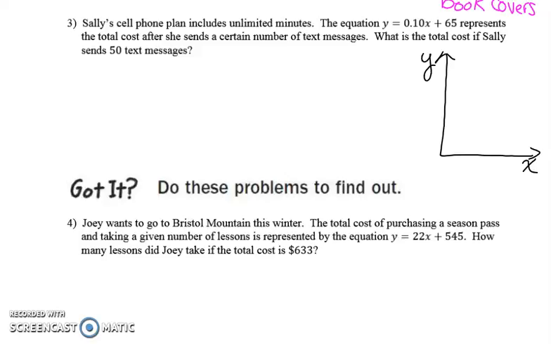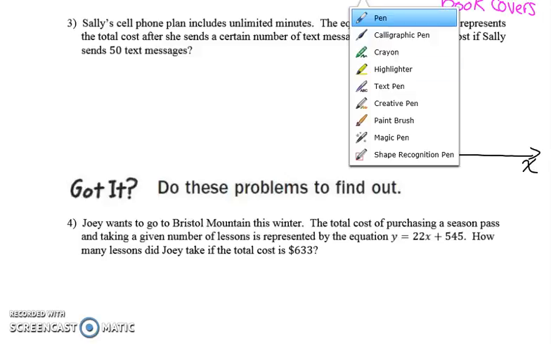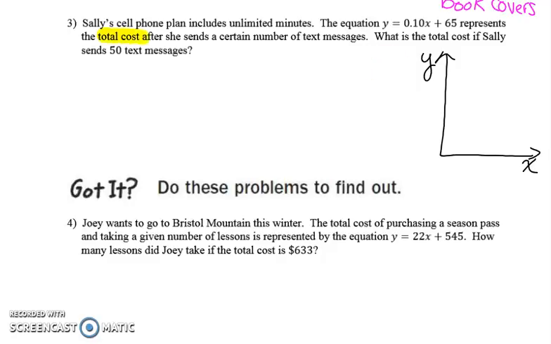Okay, I'm stumped. Anybody help me? Ooh, did somebody just talk about total cost? Now, total cost, is that dependent or independent? Total cost is dependent upon whatever else is going on there. So, can I write total cost on that side of my graph?